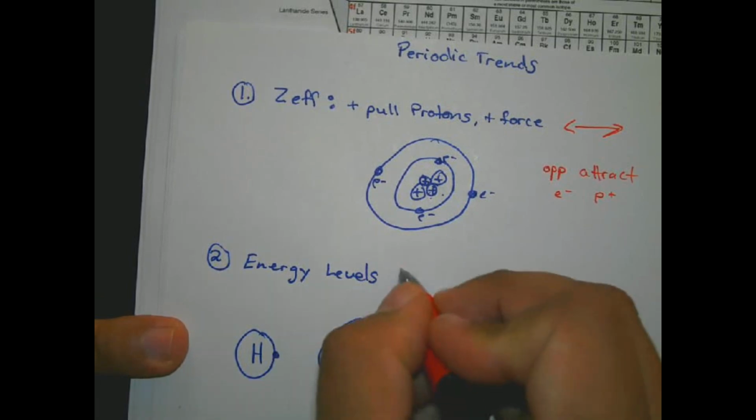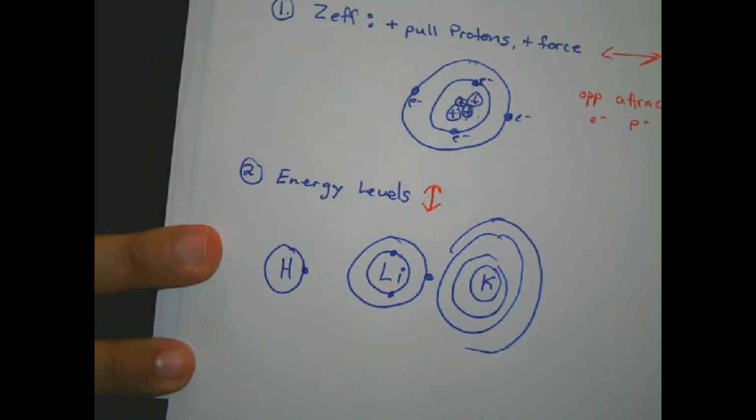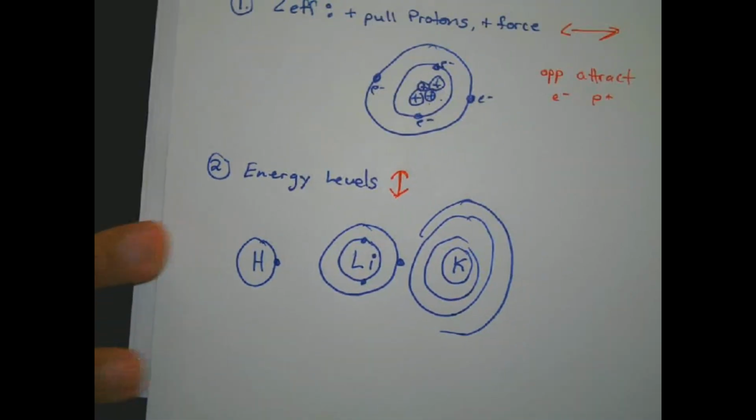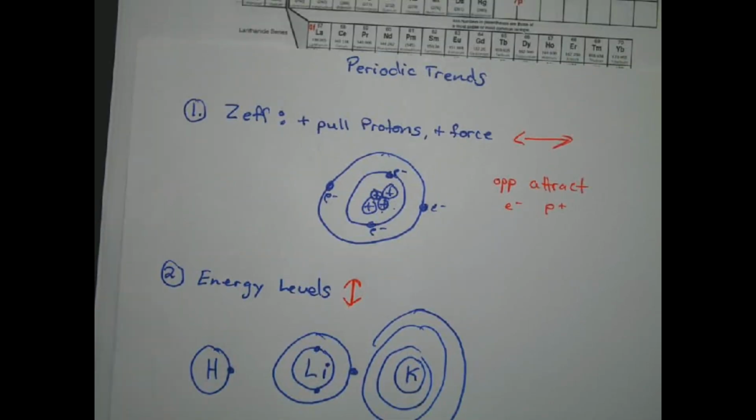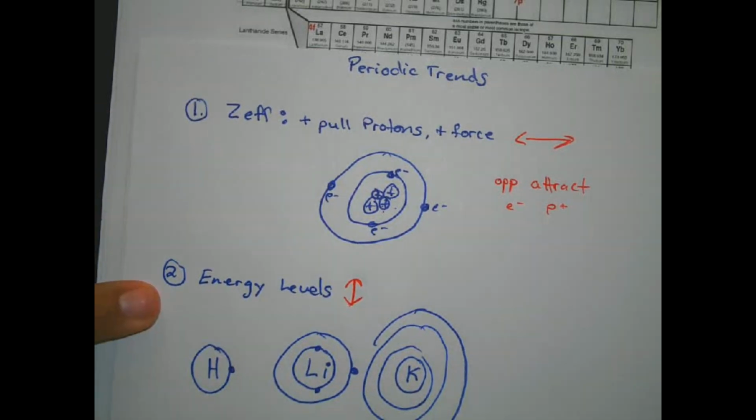So the energy levels dictate the up and down trend on the periodic table. The Zeff, the pull from the protons, dictates the side to side. Energy levels dictate the up and down.